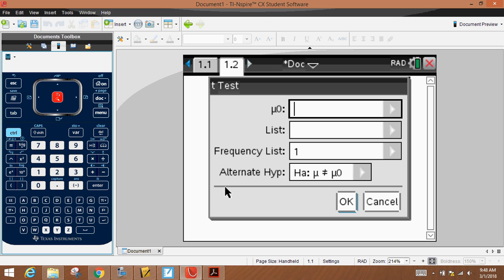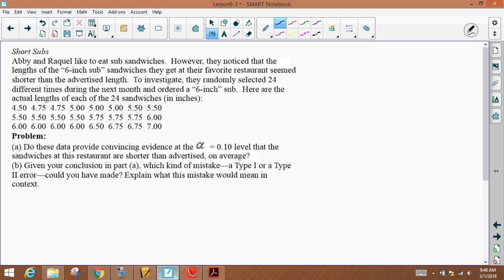And at this point, we got to figure out what our null hypothesis is. So let's write a P over here.